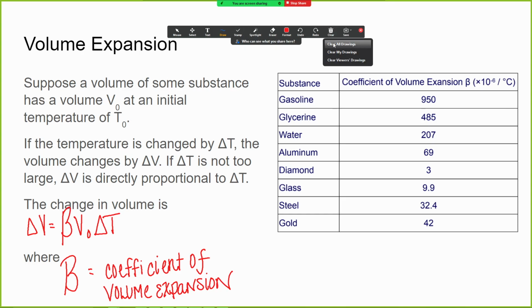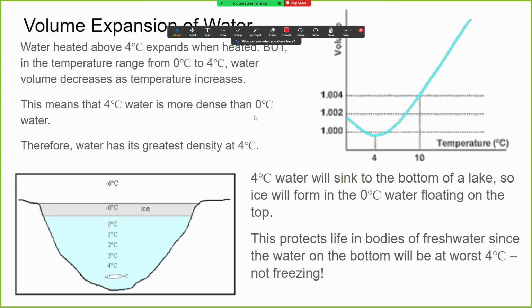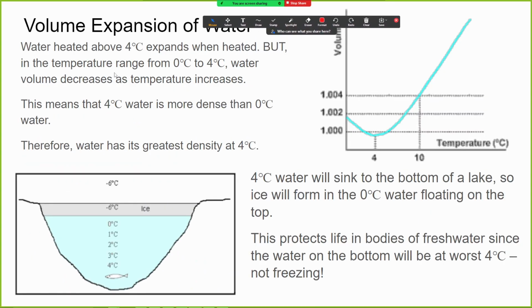Okay. So, an example that this is extremely important in: if water gets heated above 4 degrees Celsius, it expands. But in the temperature range from 0 to 4 degrees Celsius, water's volume actually decreases as temperature increases.